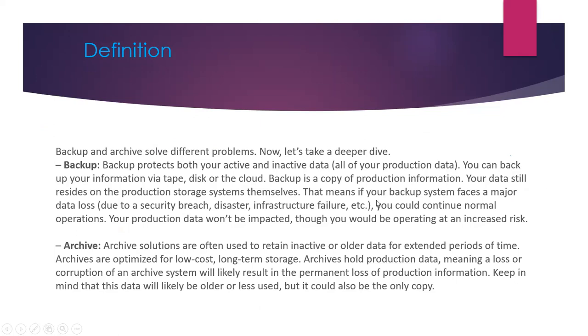Your data still resides on the production storage systems themselves. That means if your backup system faces a major data loss due to a security breach, disaster, infrastructure failure, etc., you could continue normal operation. Your production data would not be impacted, so you would be operating at an increased risk.